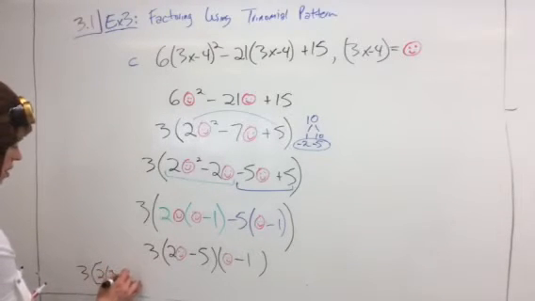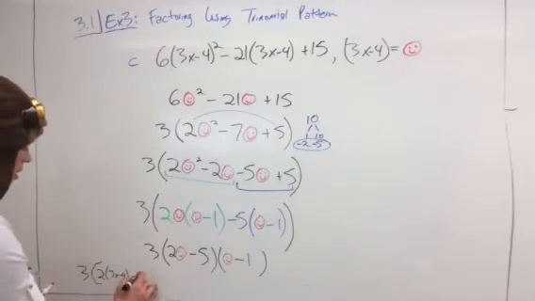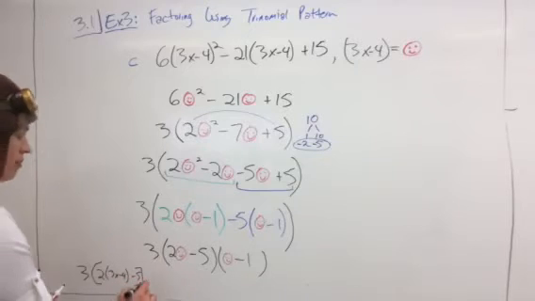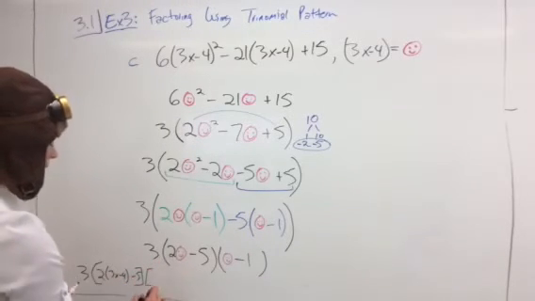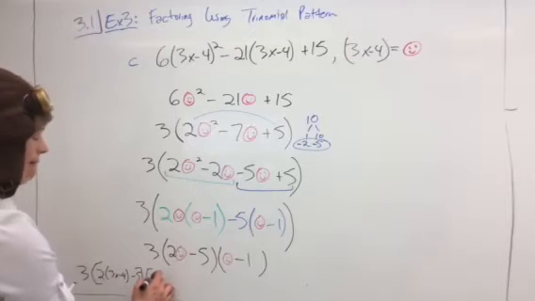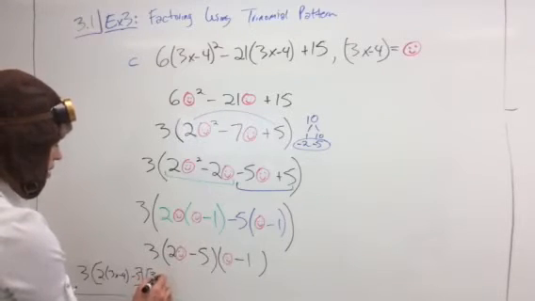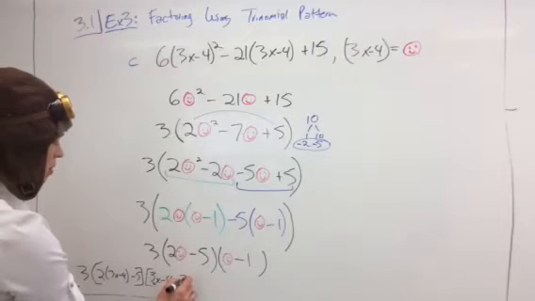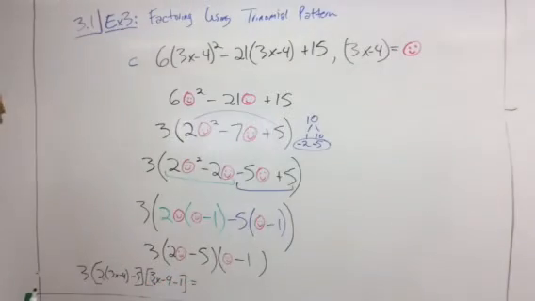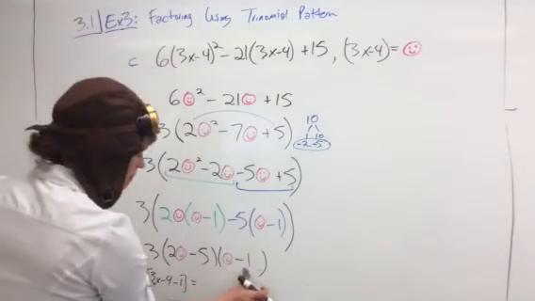This bracket goes in there. Minus 5, big bracket. Another big bracket. 3x minus 4 minus 1. So, you can see that, but I better not get any lower.